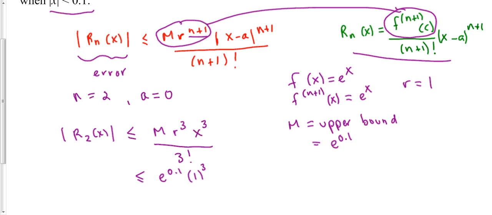So if we're using x in the equation to find our upper bound, we want to use the maximum value for x. So we're going to let that be 0.1 cubed all over 3 factorial. And when you plug that into your calculator, we get approximately 1.842 times 10 to the negative 4, and that's going to be the error that we were solving for.